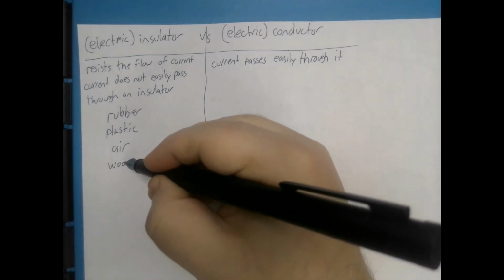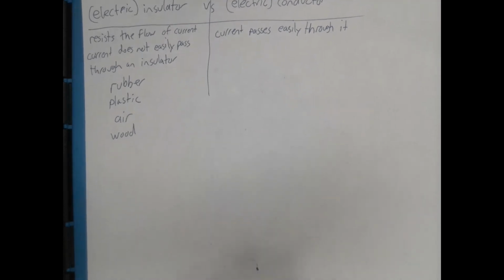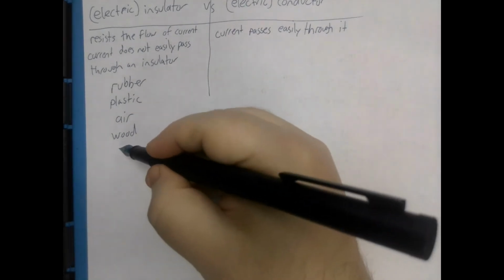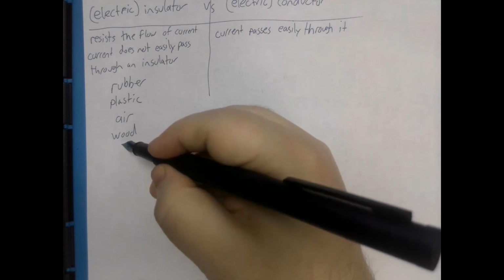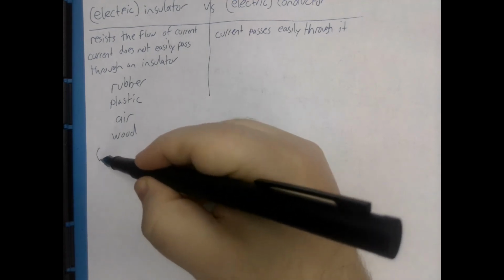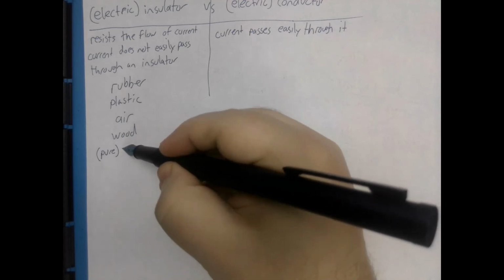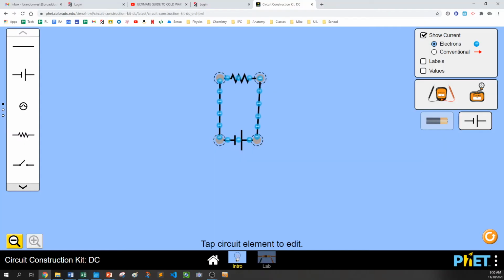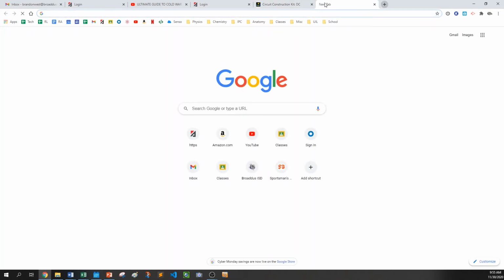Wood's a good one. What about water? Water a good insulator? Pure water is probably one of the best insulators. Not pure, it has salt in it. And other materials.